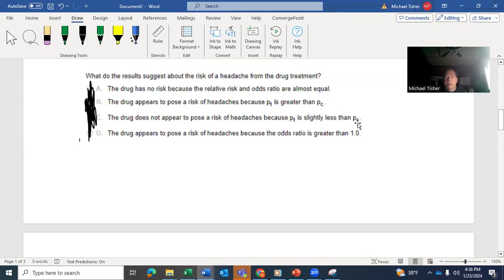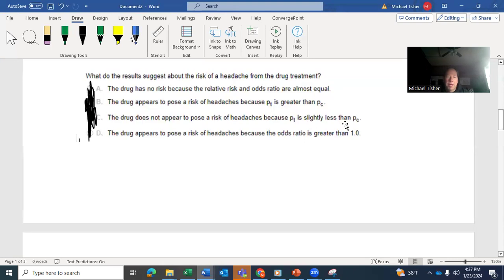Now, if PC was higher than PT, that means the probability of a headache would be bigger for placebo than the treatment, which means the treatment didn't cause any headaches. In other words, the drug treatment was not dependent on people getting headaches. So we only want to see whether or not PT was higher than PC.